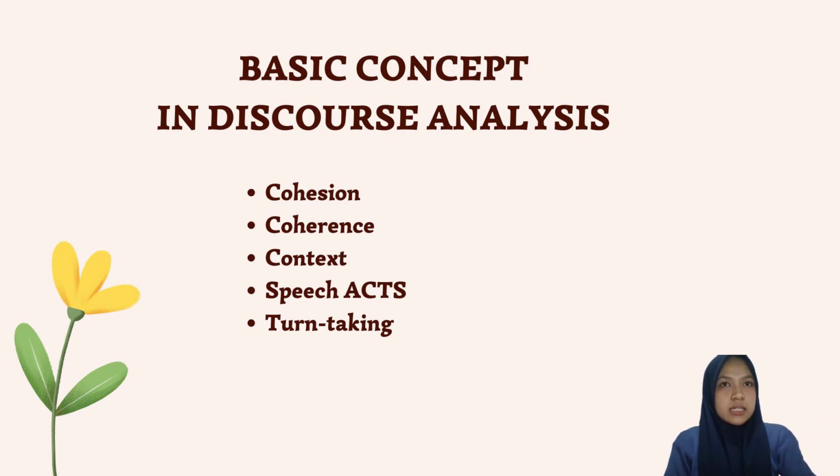Second is coherence. Coherence is about the meaning and logical flow of ideas in a text. A text can be grammatically correct and cohesive, but still not coherent if the ideas do not logically connect or make sense to the reader.